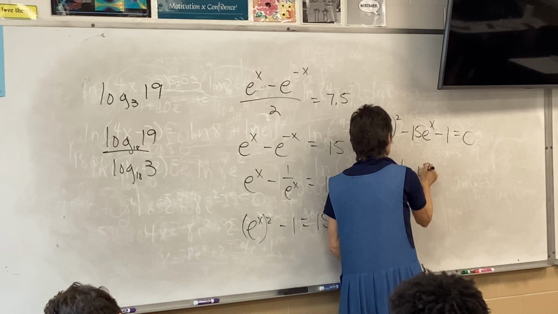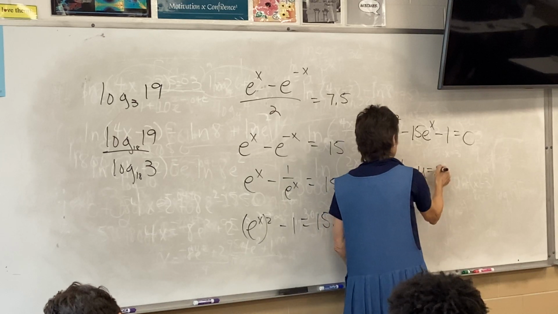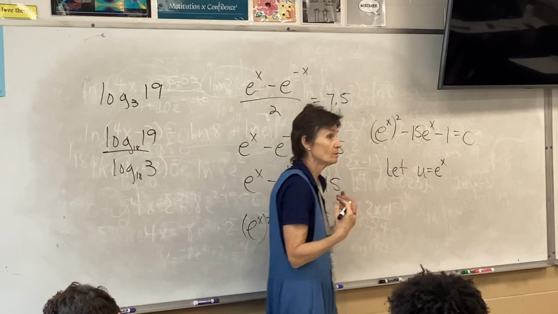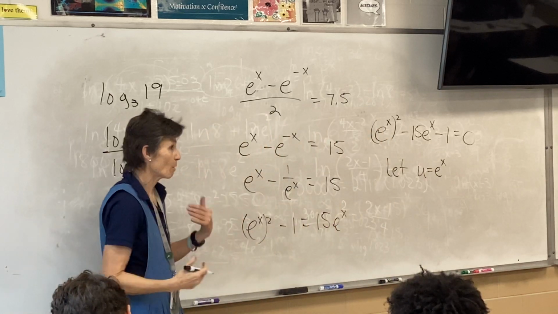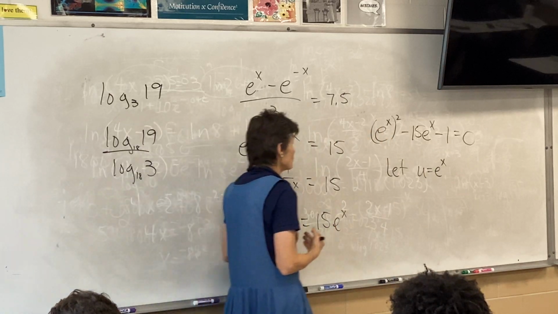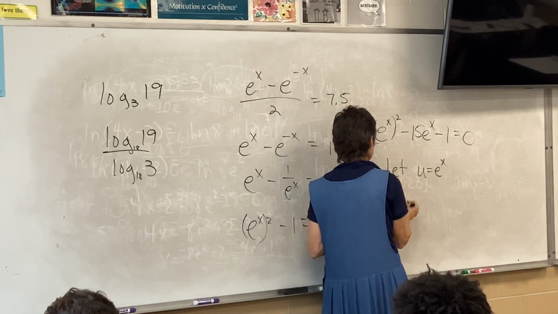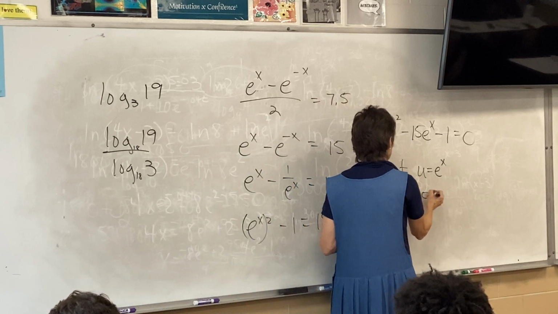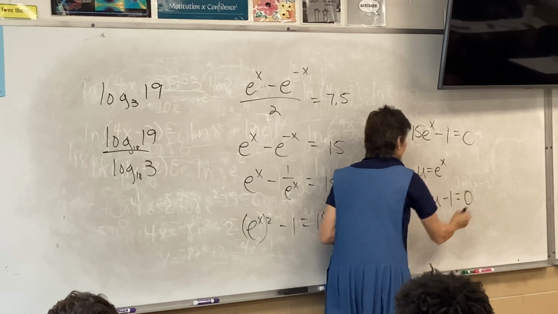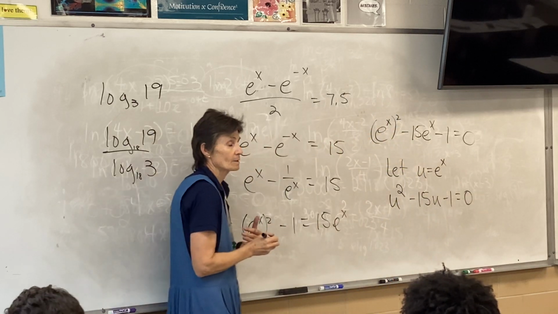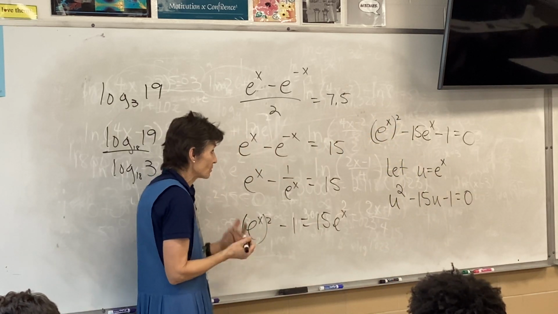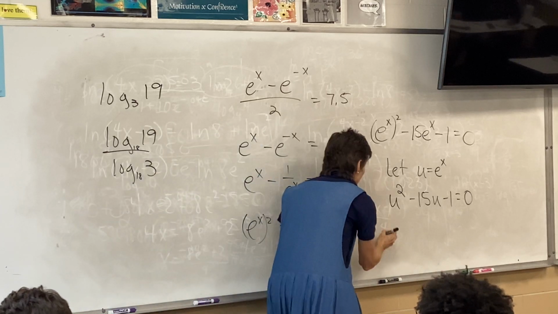And let u or m or j or something equal e to the x if we need to. Some of you don't need to because you practice this enough. But if you do that, then you have u squared minus 15u minus 1, which doesn't factor obviously, but you can use the quadratic formula.